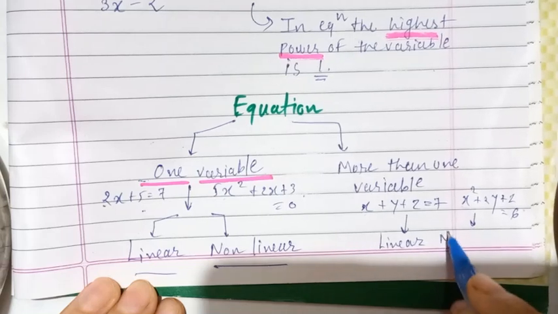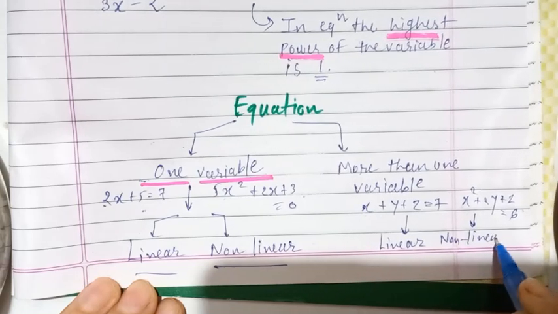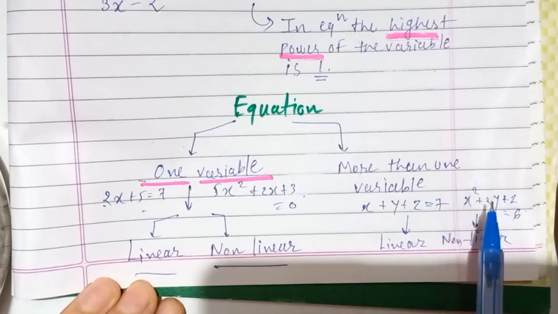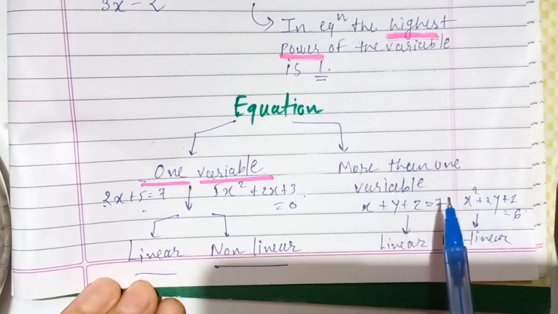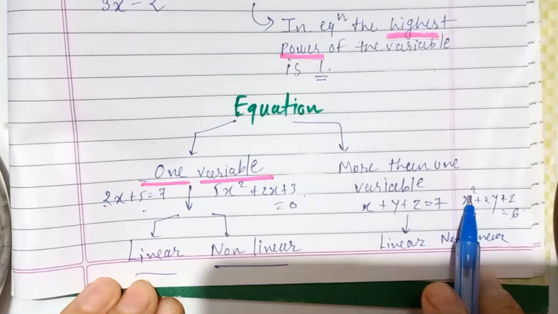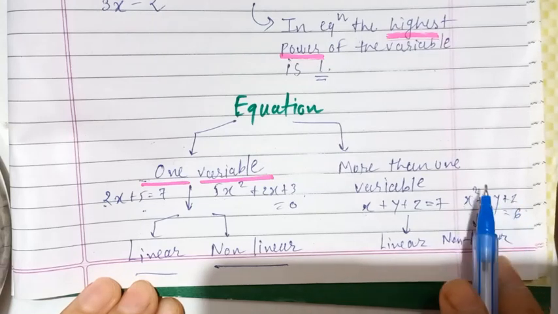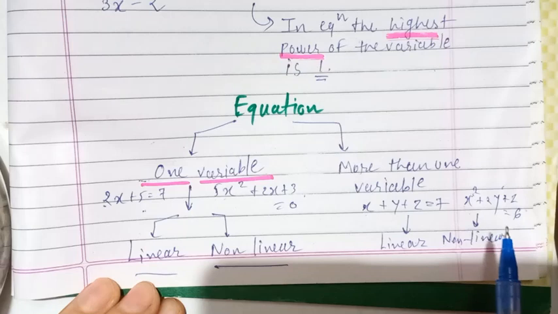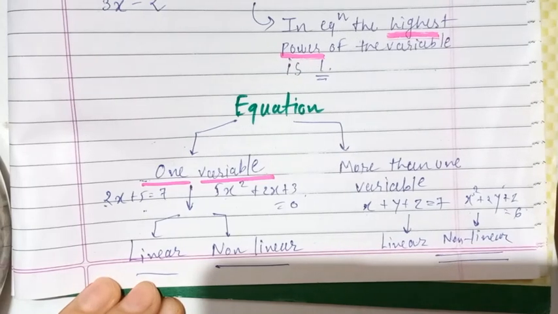Now this is non-linear, because the highest powers of the variables are different. Here if all are the same, 2 2 2, they are also called non-linear. But if there is 2 3 5, that equation is called non-linear. Linear means 1.